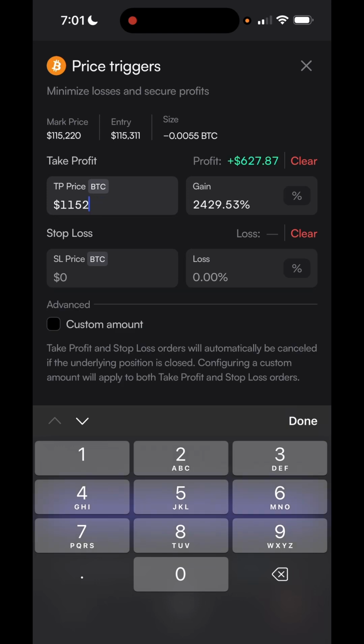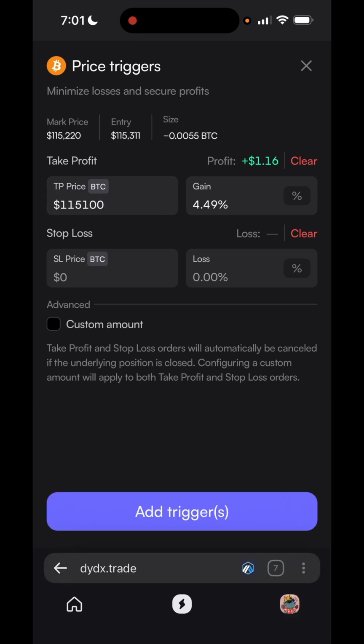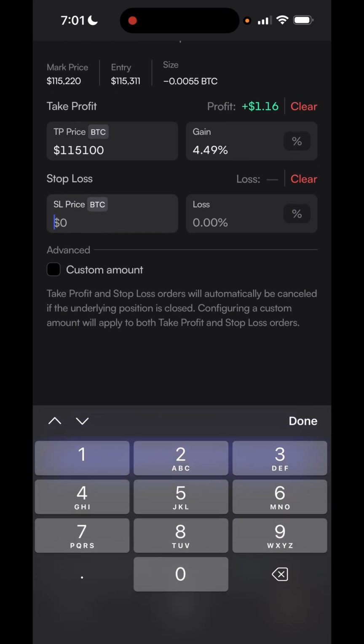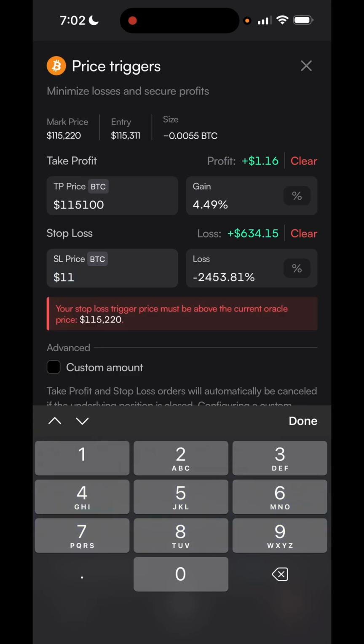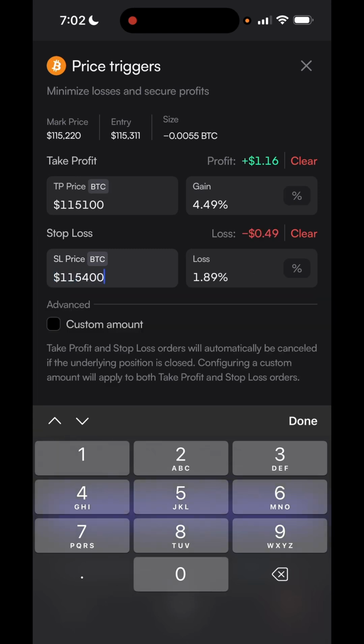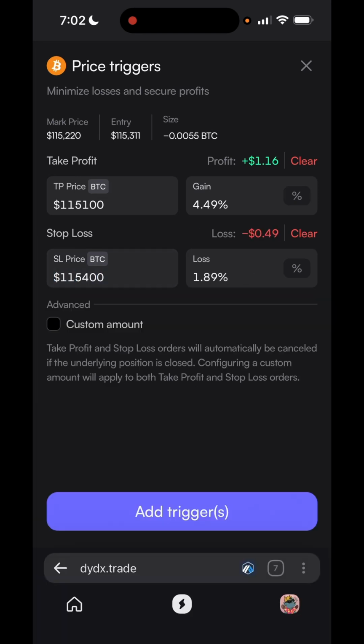So my take profit is going to be $115,100, and my stop loss, I think I'm going to put $115,400. As you can see from my profit, I'm already in profit, and my profit is low due to the margin that I used. Anyway, it's not bad, and you can see the loss there.